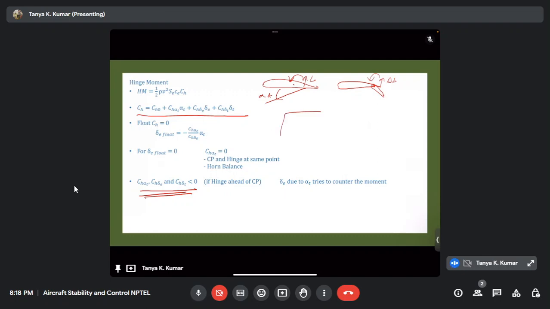If this is your tail, this entire thing is elevator. And let me take this shaded region.